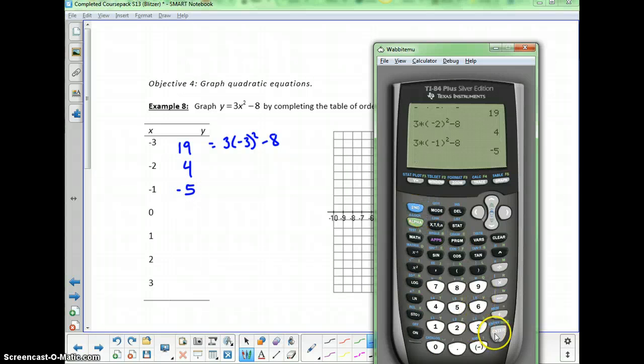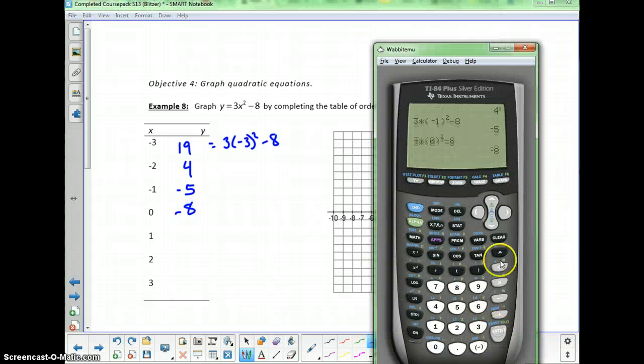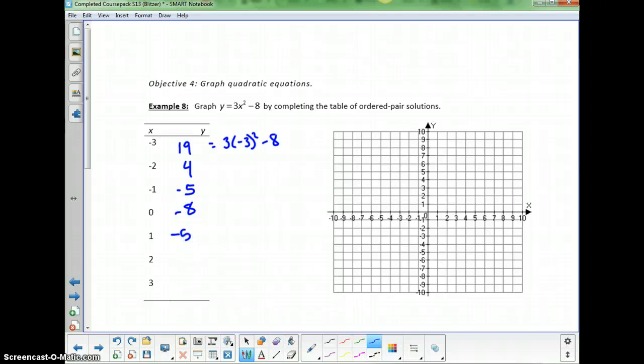Okay, the equation stays the same, but now we're plugging in 0. I don't really need my calculator to plug in 0, because I know 3 times 0 is 0, minus 8 is negative 8. Let's plug in 1. So it's usually faster just to hit second enter and go back to plug that number in. So this is negative 5. Try 2.